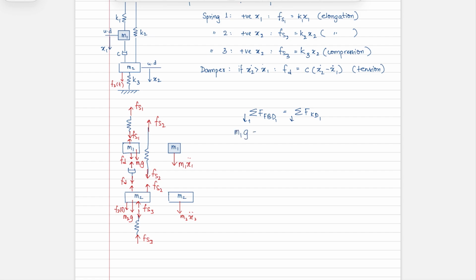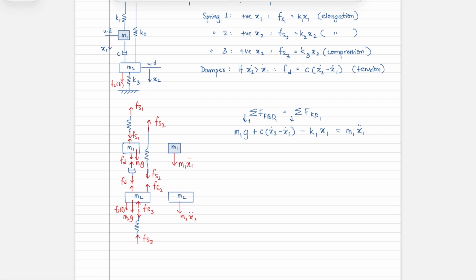So you have m1g plus Now FD, you can write it as C times x2 dot minus x1 dot. And then you have FS1. This is in the opposite direction. So you have K1 x1. And that's all of the forces. And then you have that this is equal to M1 x1 double dot.